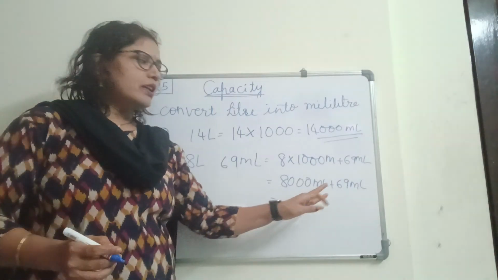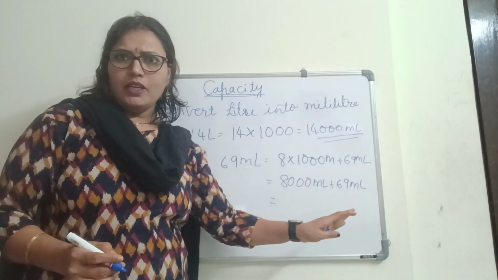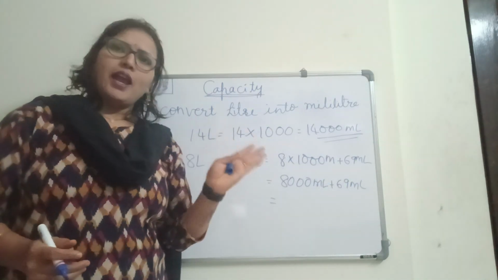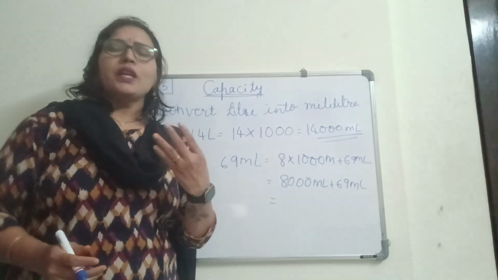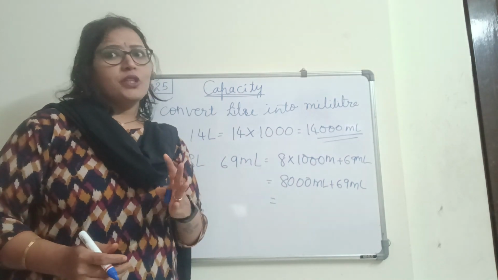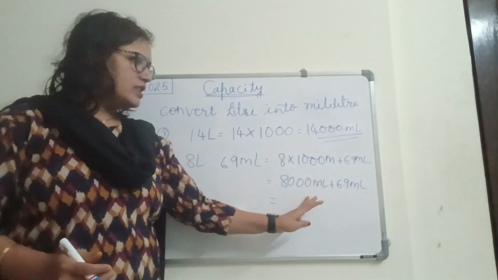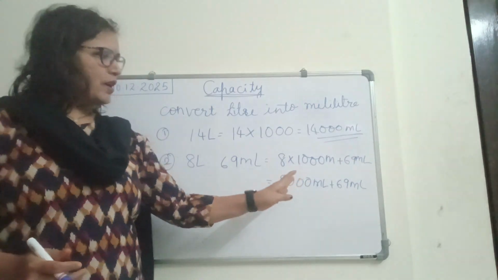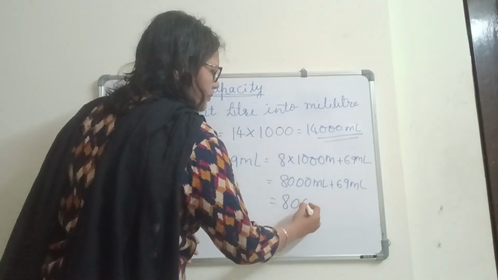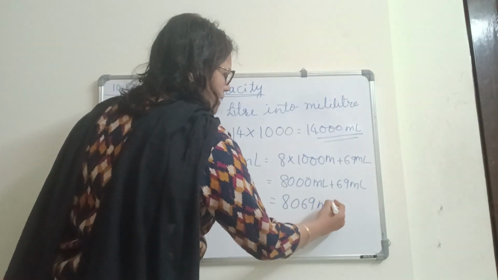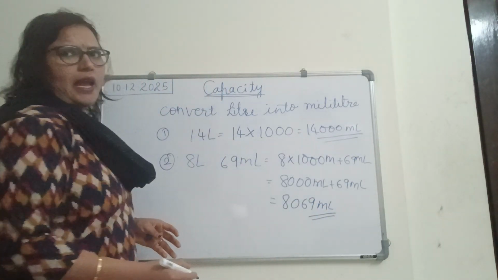If the units are the same, you can easily add the numbers, so there is no need of more conversion. So 8000 plus 69 is 8069 milliliter. So this is your answer.